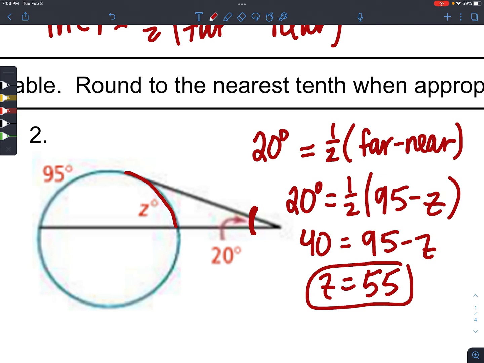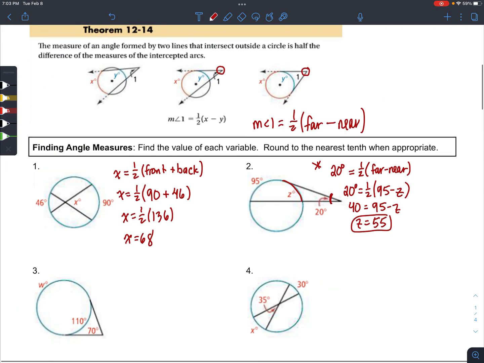And that's the measure of this arc right here. So I knew to use this formula because I had an angle, it's not an exterior angle, and it's not an inscribed angle, but it's just an angle that's on the outside that comes in and intercepts the circle in 2 ways.